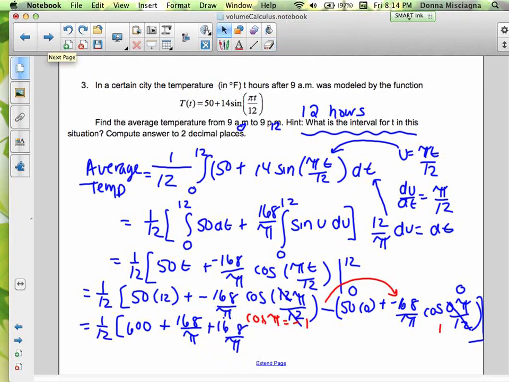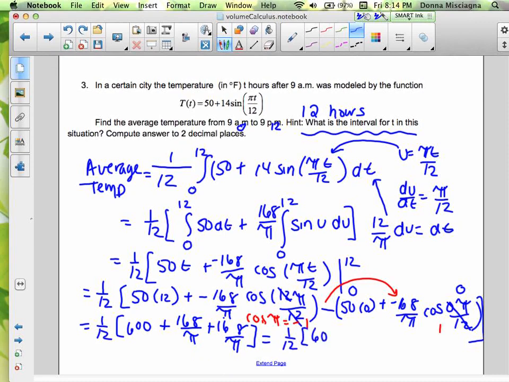All right, so now let's clean this up a little bit. This is going to be 1/12 times 600 plus, I'll add those two and then distribute, 336 over pi.